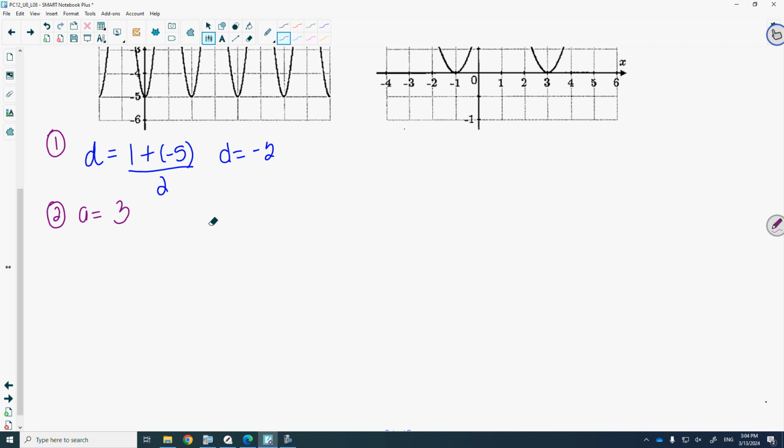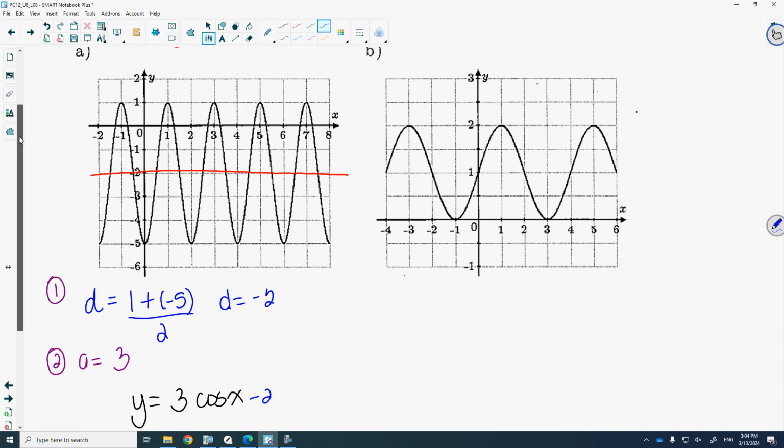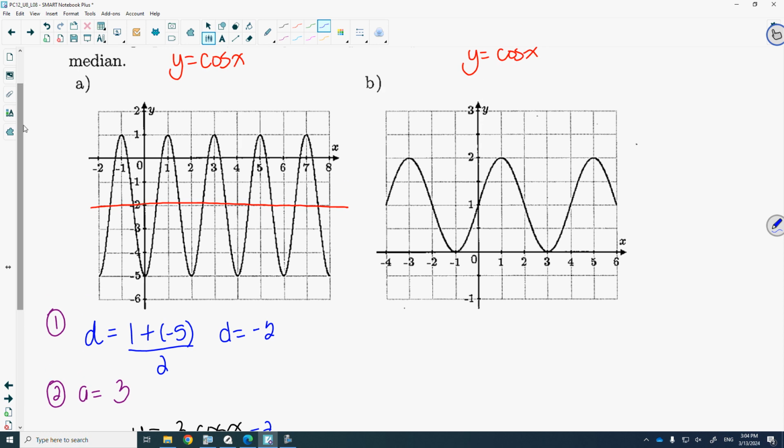Okay, so right now, what my equation would be, if it was a cos graph, would be 3 cos of x and then -2. I need to get the b value in there, and I need to get the phase shift in there. So I always want to figure out what the period is.